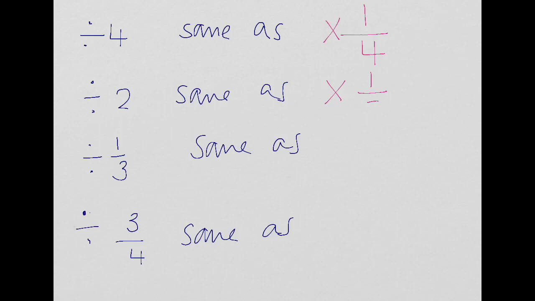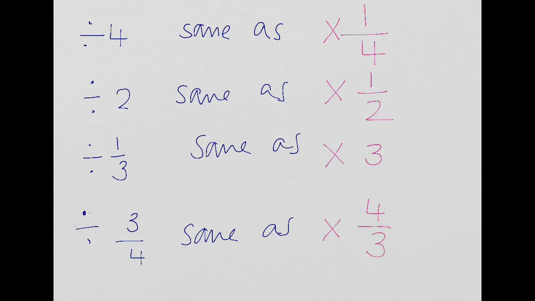Multiply by 1/2. What about dividing by 1/3? What's dividing by 1/3 the same as? Multiplying by 3, because 3 is the reciprocal of 1/3. What's dividing by 3/4 the same as? Multiplying by 4/3.